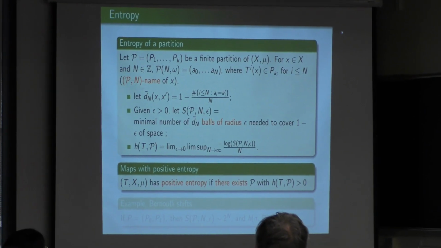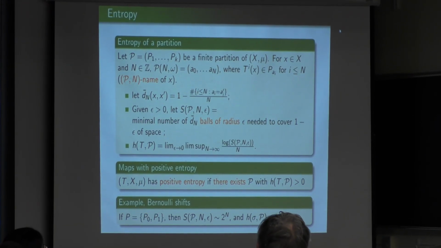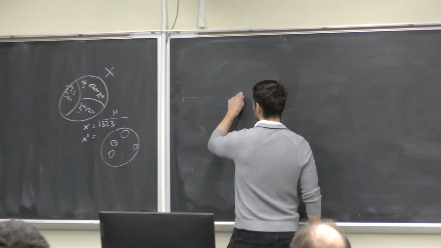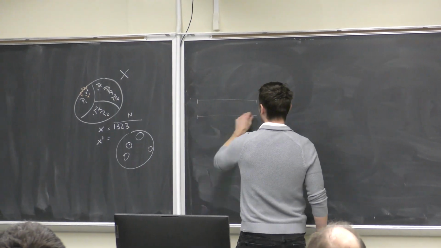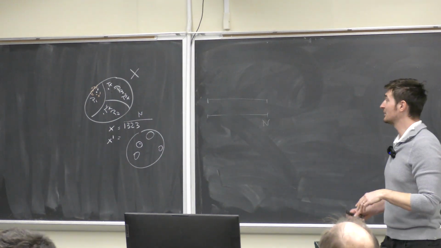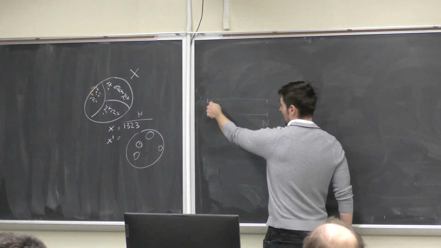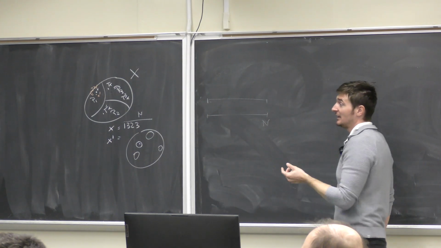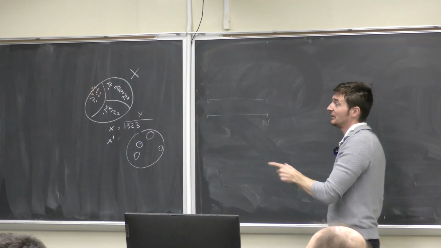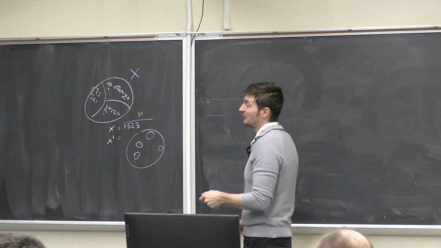And just to tell you, if I have a Bernoulli shift, here I'm allowing all symbols of 0s and 1s, all blocks of 0s and 1s, and I take a number n, it is easy to see that I have 2 to the n blocks, because I have n positions, and on each of them I can put either 0 or 1. So I have 2 to the n possibilities, 2 to the n different codings.